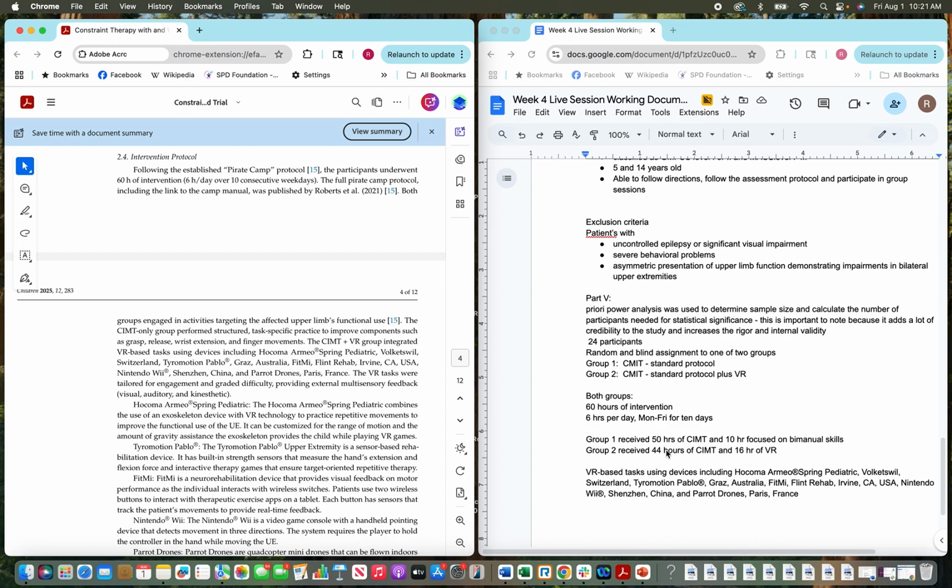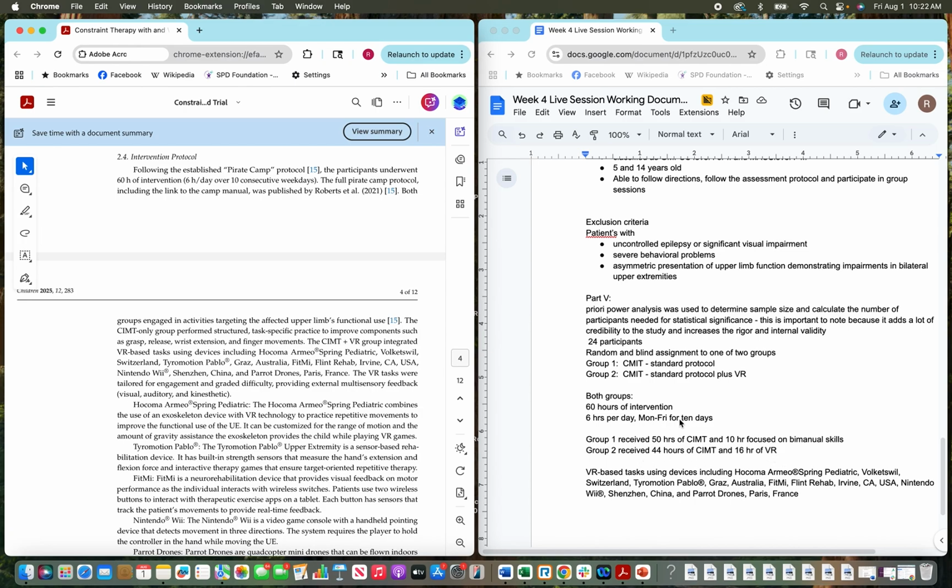What differed between the two groups, and this is what's important to note, is the standard protocol got 50 hours of constraint-induced movement therapy and 10 hours of just bimanual skills. That was considered the standard protocol, or care as usual. And group 2 got 44 hours and then 16 hours of VR.